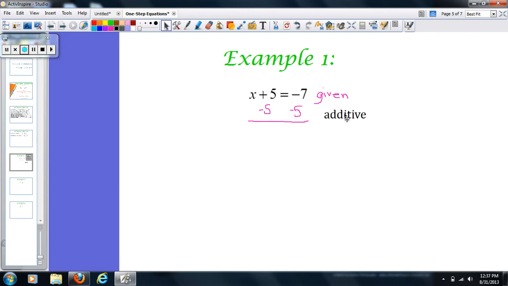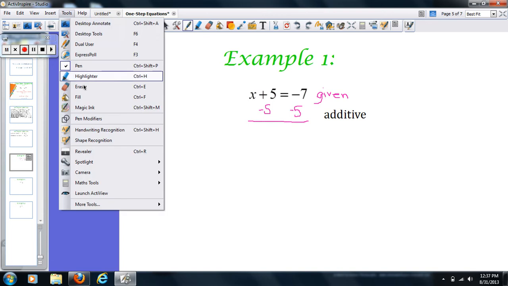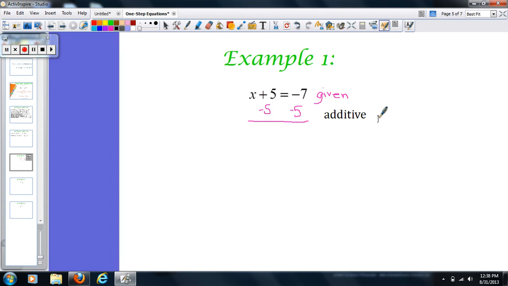So you got the additive, and I'm going to abbreviate. I have to click it again, so hold on just a second. So we got the additive property of equality.